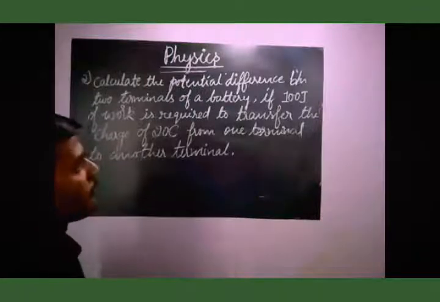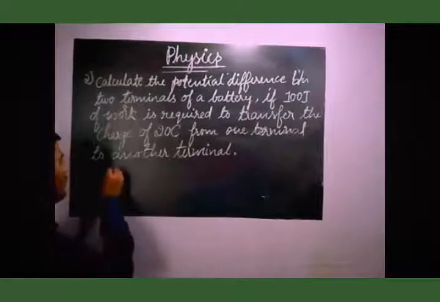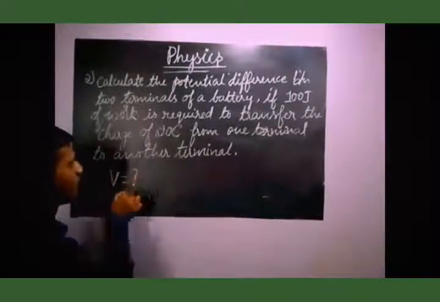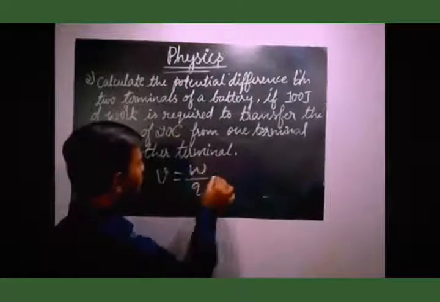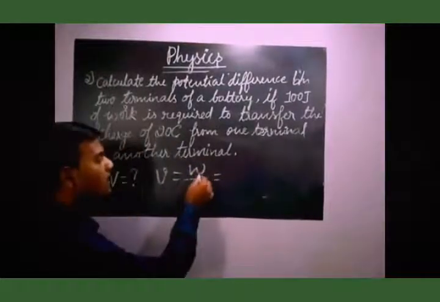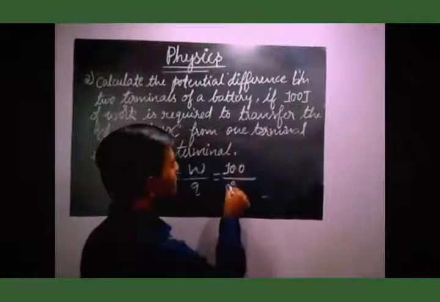We have to find the potential difference, that is V. So V is equal to W by Q. Work done is given, that is 100 joule, divided by 20 coulomb.